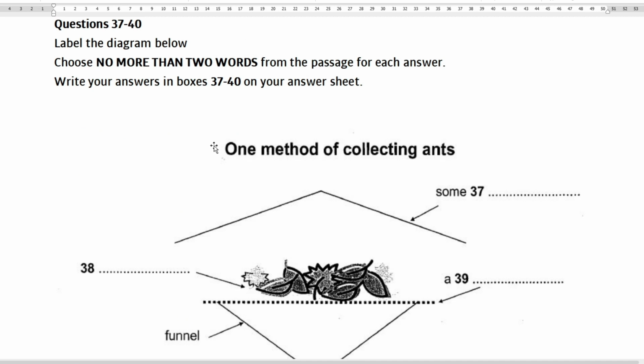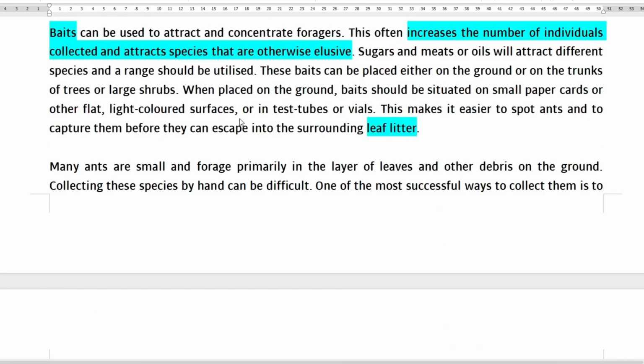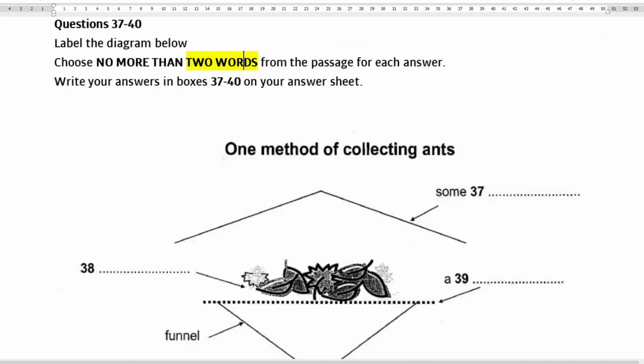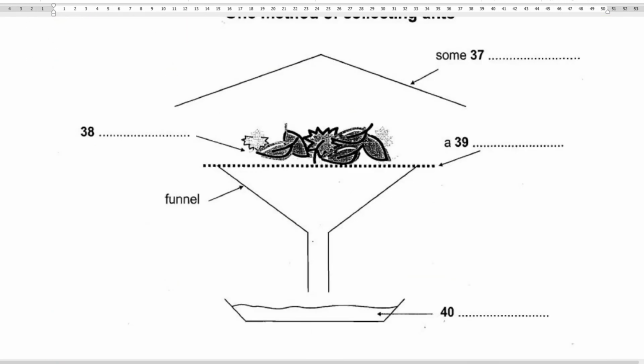Now, no more than 2 words. One method for collecting ants. We actually use yellow here. So one method of collecting them was where? We had something funnel.